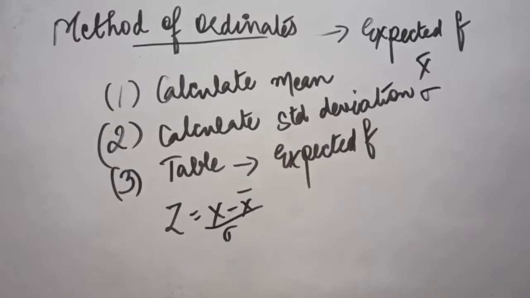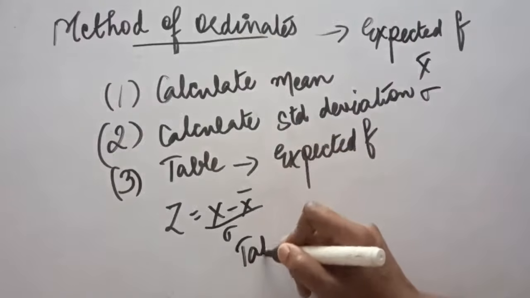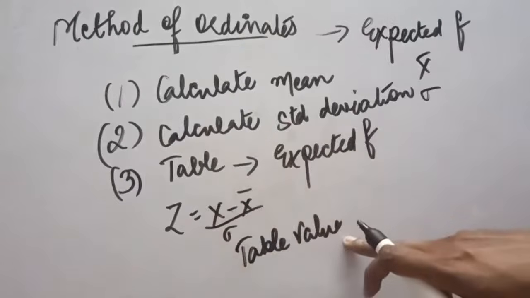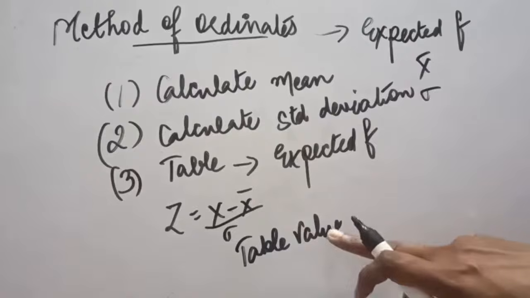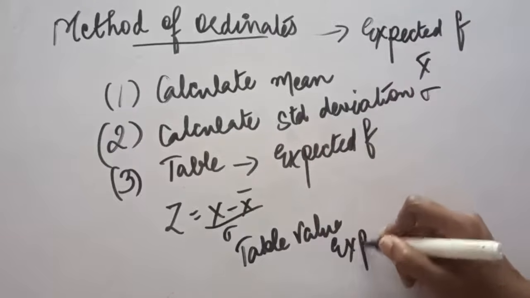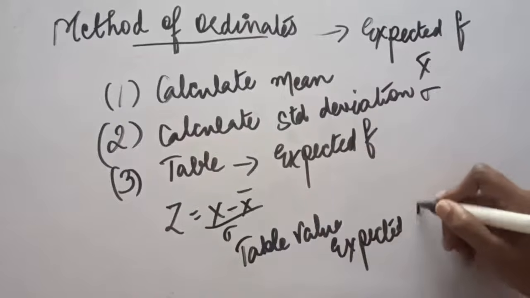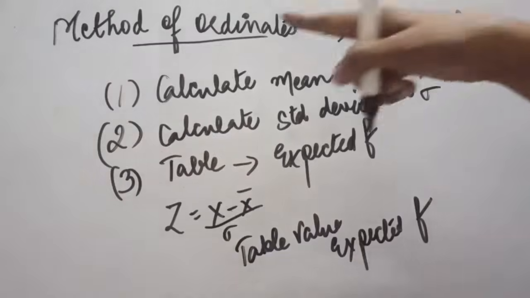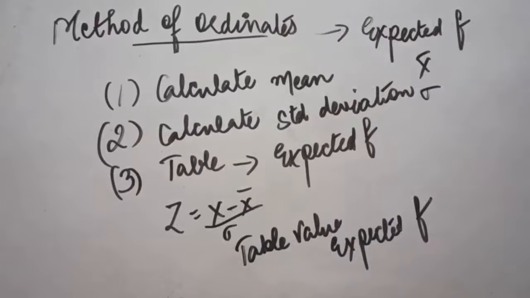Then we will be calculating its table value, as you have already done. First we calculate Z, then we calculate the table value, and from this table value we will be reaching at the expected frequencies with the help of class intervals. I'll just show you with the help of one practical example how the method of ordinates is applied.